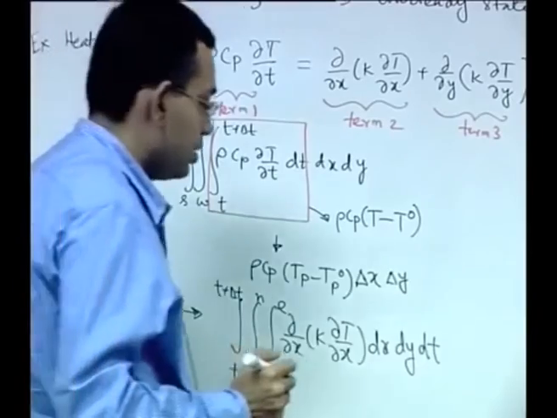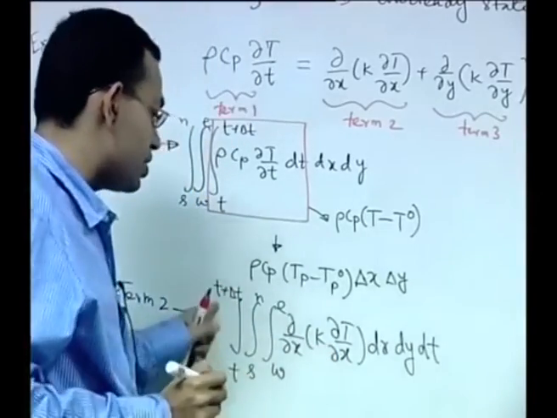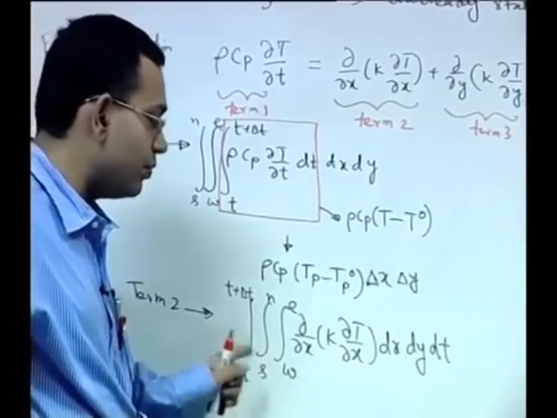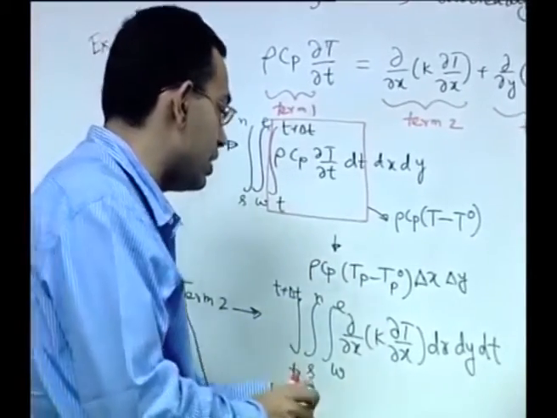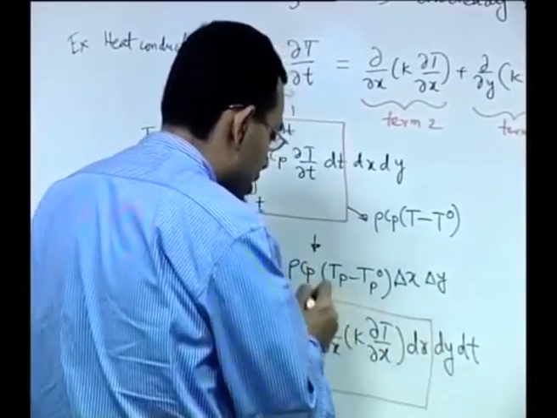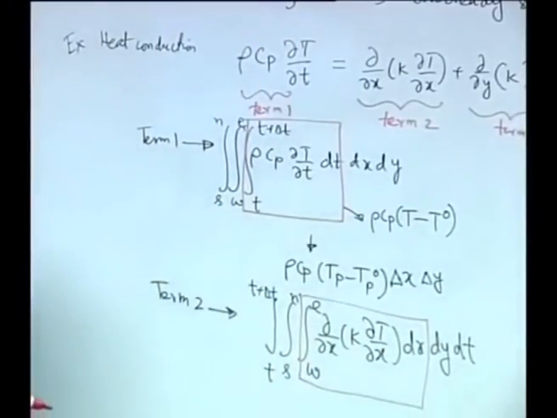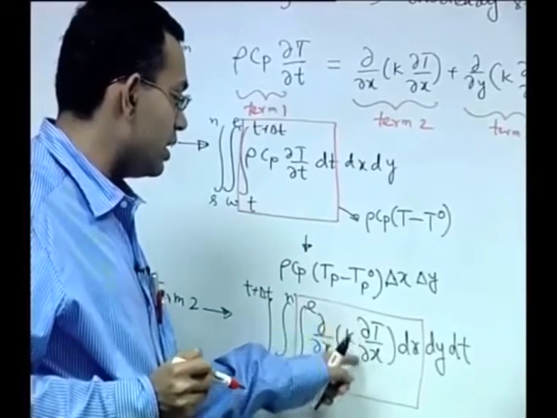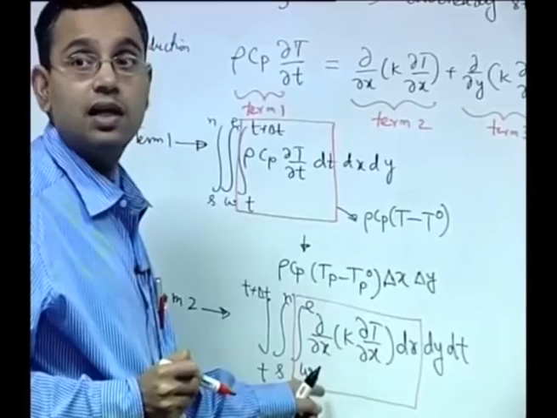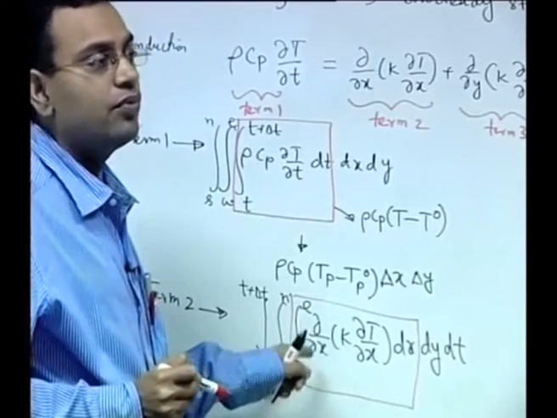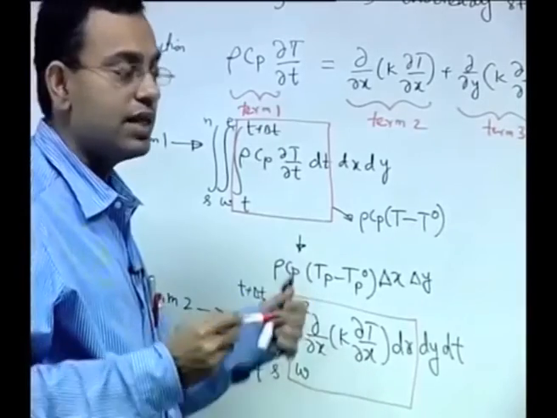Now this of course depends on what is the time integration scheme that we are using, but before that let us consider the spatial integration. So first this integral, it will become k del T del x at small e minus k del T del x at small w, right. What kind of profile you can take? Piecewise linear.